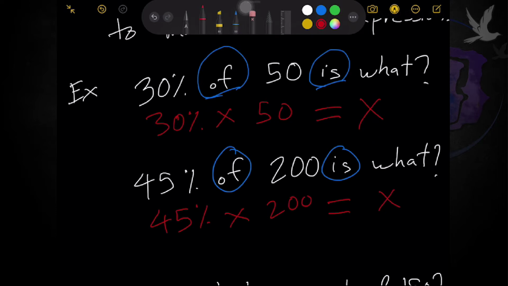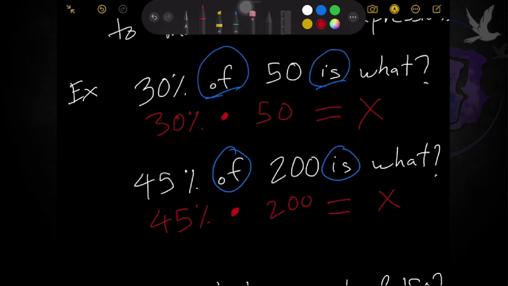So, para hindi tayo malito, let's change the symbol for multiplication as yung period since we're doing advanced mathematics naman. Okay? Sinabi ko na sa inyo before that multiplication sign is represented by a dot na in higher mathematics. Paminsan nga, wala na siya. Wala nang dot. Okay? So, in this case, ganito na lang muna. 30% times 50 equals x, or unknown. 45% times 200 is unknown.